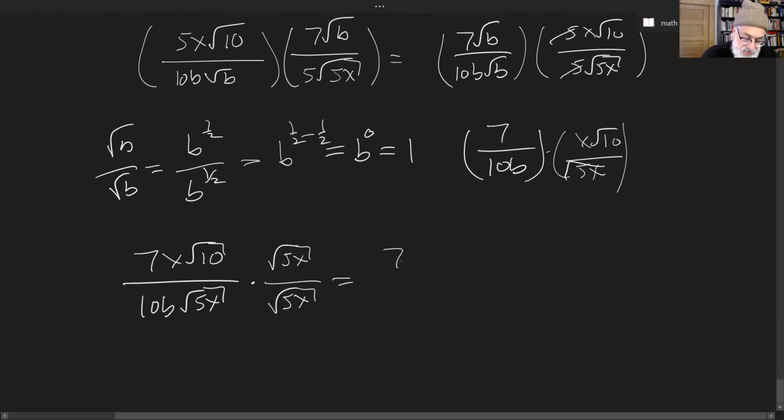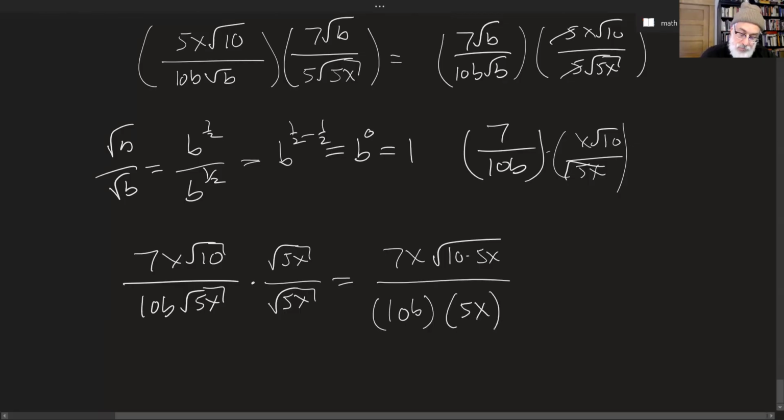This gives us 7x square root of 10 times 5x by the product rule. This gives us 10b. Now square root of 5x times square root of 5x will give us the square root of 25x squared, which is 5x. So this becomes 7x square root of 50x divided by 50bx.